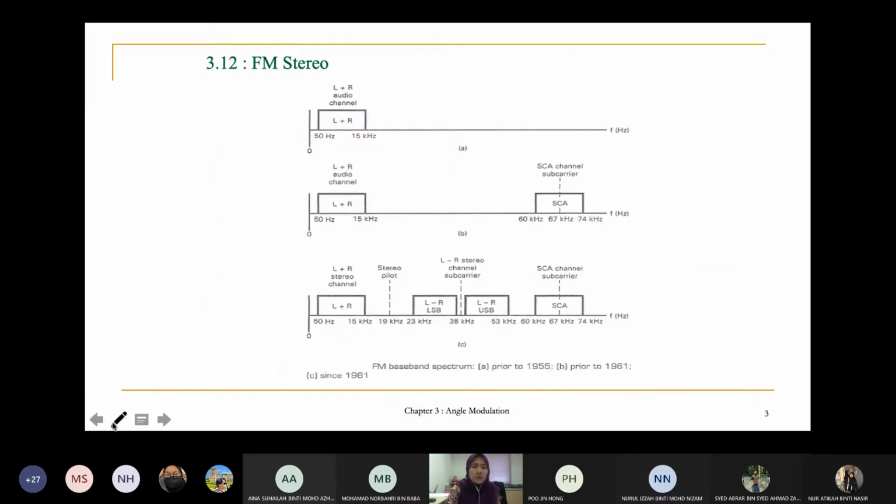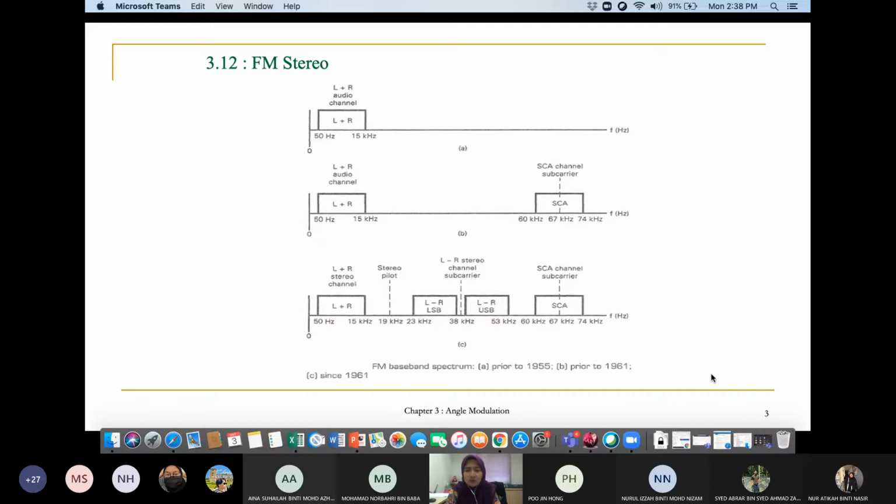This figure over here shows the FM baseband spectrum. Figure A is prior to 1955, figure B is prior to 1961, and lastly, figure C is since 1961.